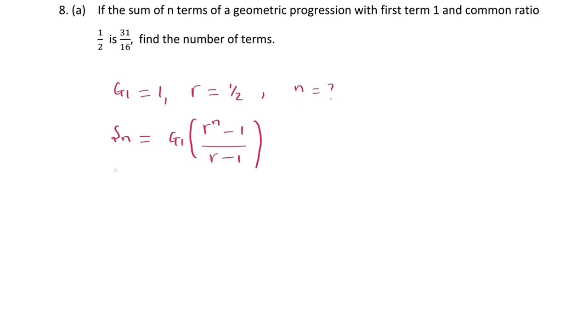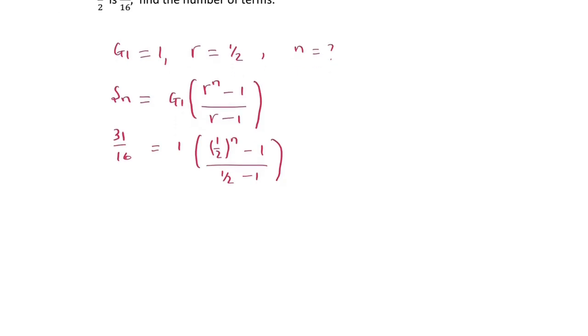Then we have 31/16 equals 1 in brackets 1/2 power n minus 1 over 1/2 minus 1. Let us now simplify the denominator for our right hand side. Then our equation is going to be 31/16 equals 1 in brackets 1/2 power n minus 1 over negative 1/2.